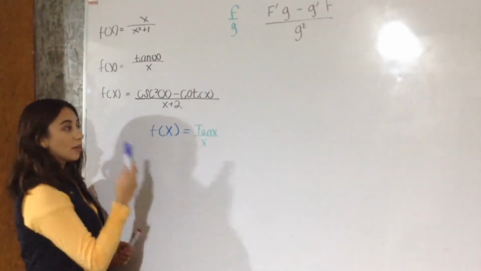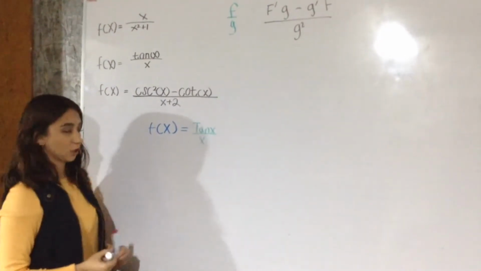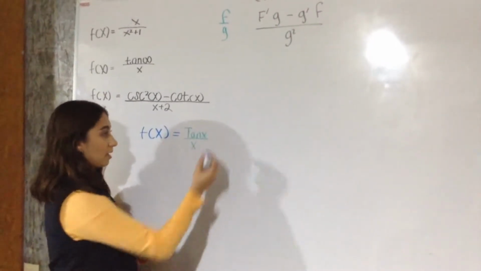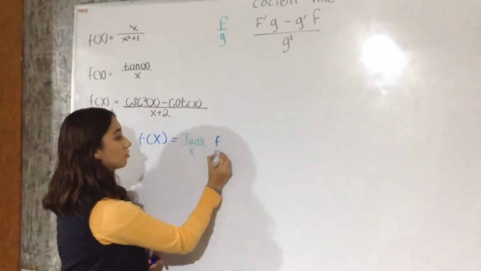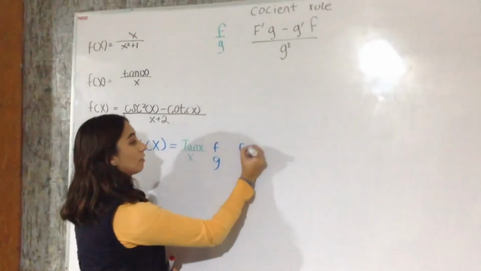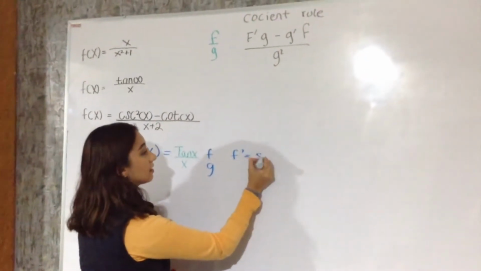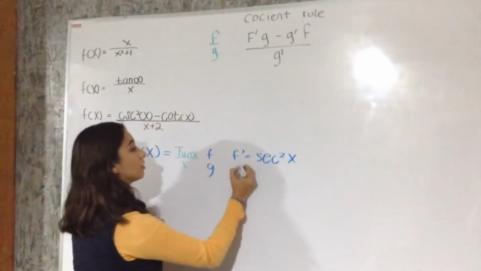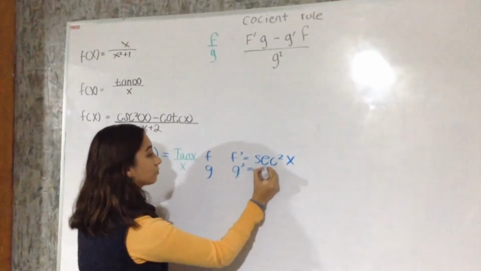Now we are going to get the derivative of this function. First step, identify f and g. This is our f and this is our g. The derivative of our f is secant squared of x and the derivative of our g is 1.